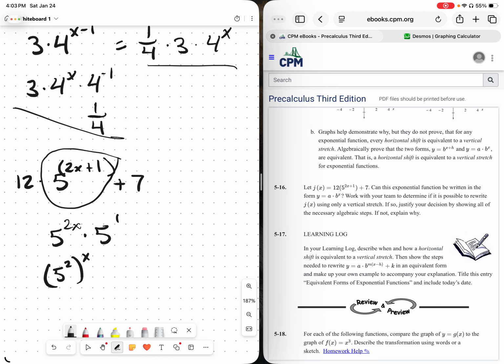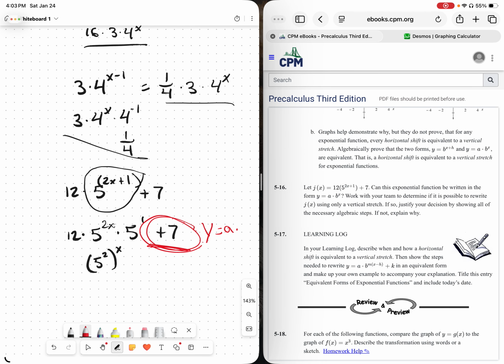All that's multiplied. The problem is this plus 7 can't go away, because it's a different order of operations. When you have addition or subtraction on the end, you can't get rid of it to clean it up into that y equals a times b to the x form, because there's no way that number is going to multiply into it.